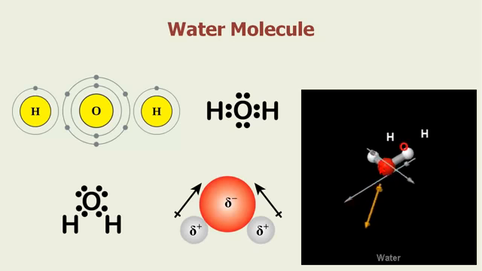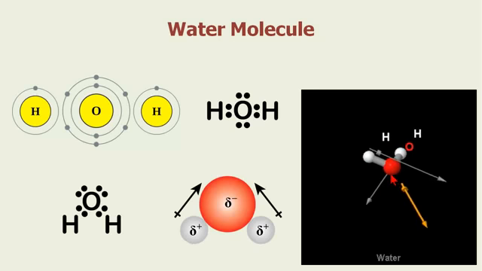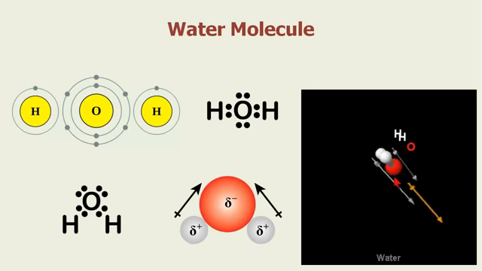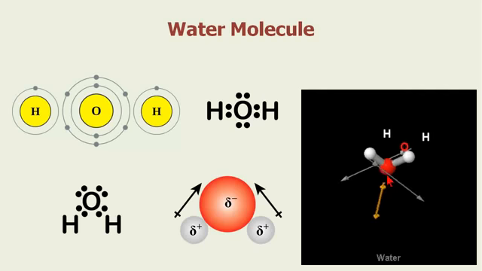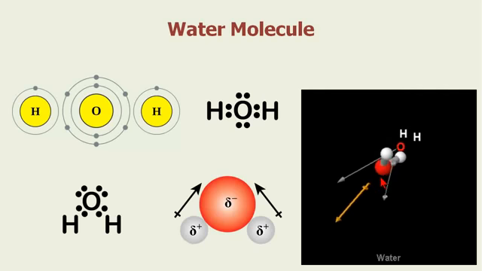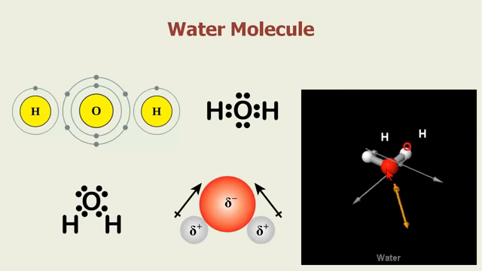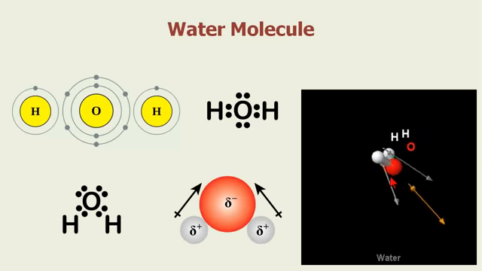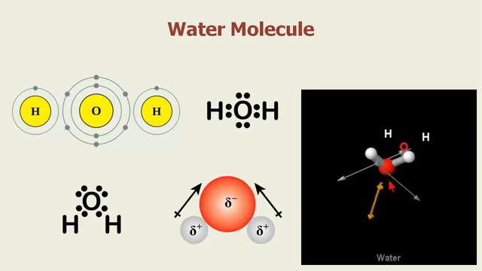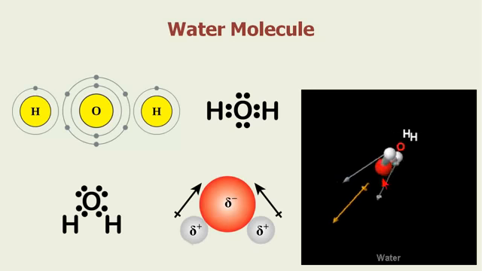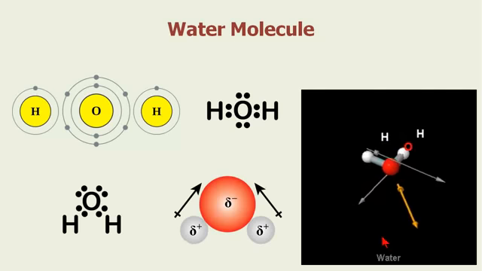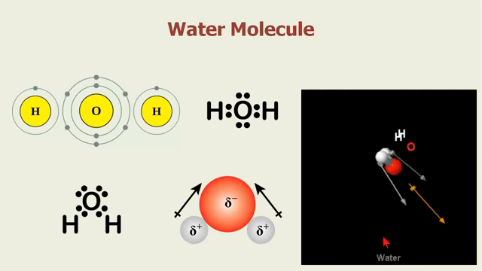Because as you look at the stick diagram, it doesn't really show those 2 electron pairs on the other side of the oxygen. There are actually 4 electron pairs surrounding it, and according to VSEPR theory, valence shell electron pair repulsion theory, these all repel each other and form a tetrahedral type shape, and this just happens to be one version of that. We'll get into molecular shapes in another screencast.